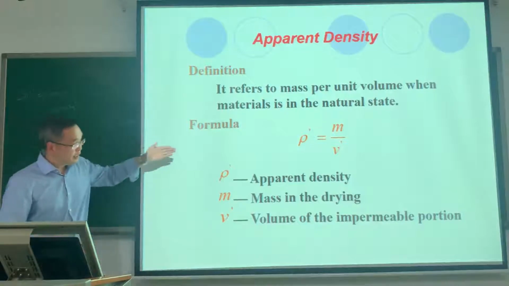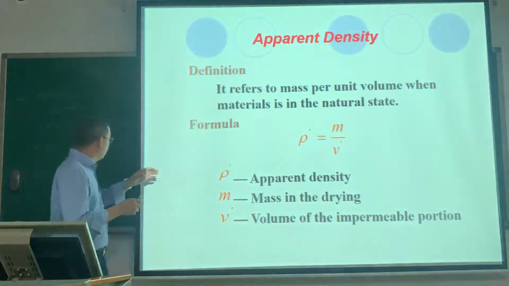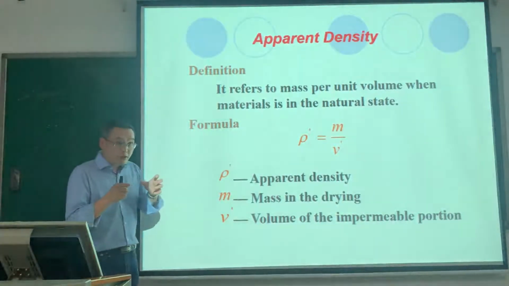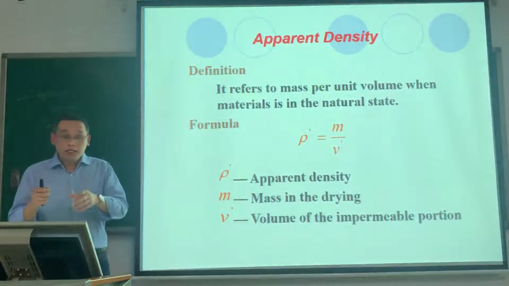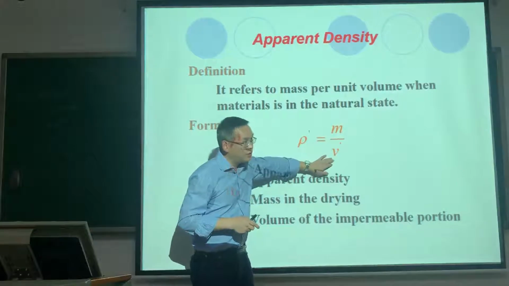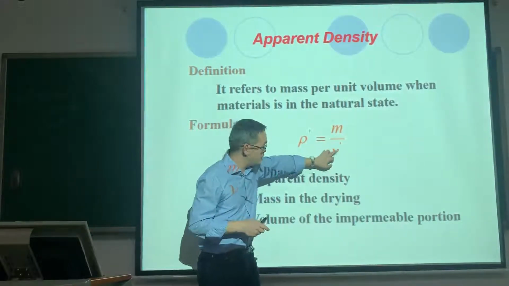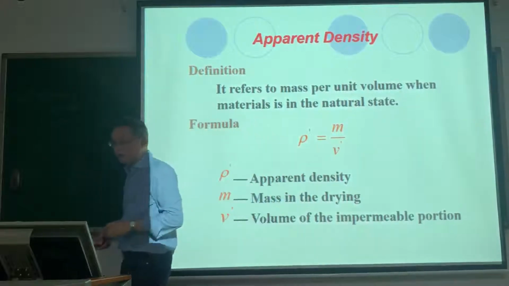So this is the apparent density. The most for this kind of several different density. The difference is just like in the volume.